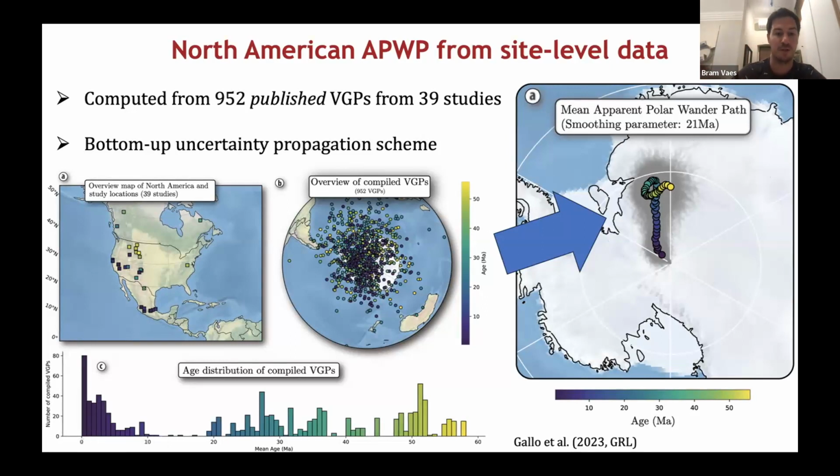And before using site level data, the highest resolution that was achievable was 10 million years. So we increased the resolution of these paths 10 times by reusing all the published data and by diving into the existing databases and into the original papers where needed.